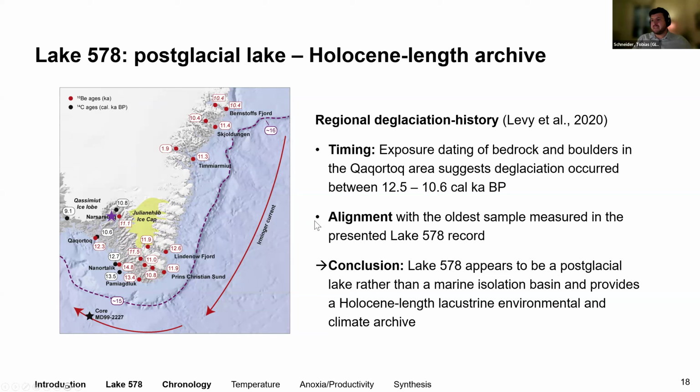And so in conclusion, it appears that Lake 578 is actually a terrestrial archive, a continuous archive through the Holocene that contains information about the environment and also probably temperature.